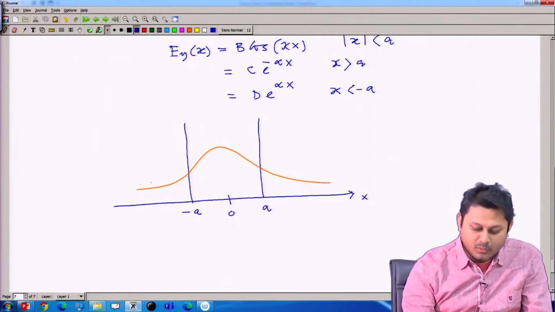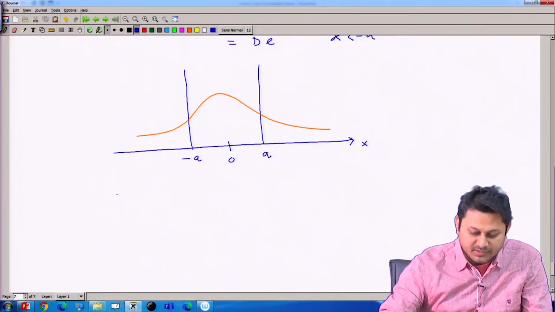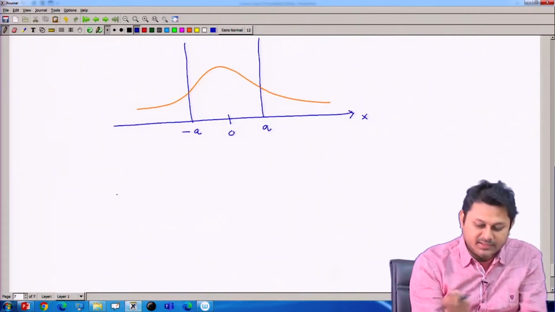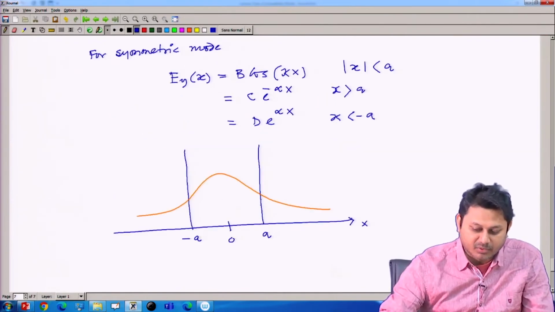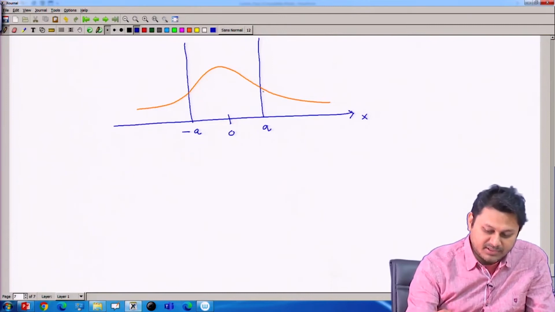Now I need to find out the amount of power that the mode carries, because the mode distribution and expression are known. But before that we need to understand these constants, B, C, D, which are very important. I need to evaluate these constants, and we know the boundary conditions.